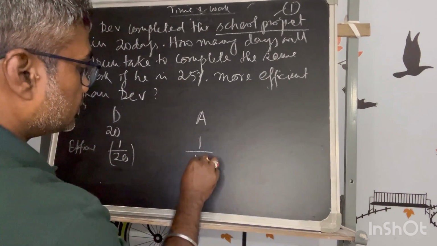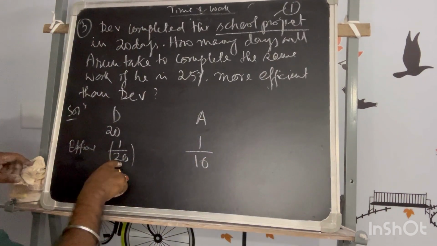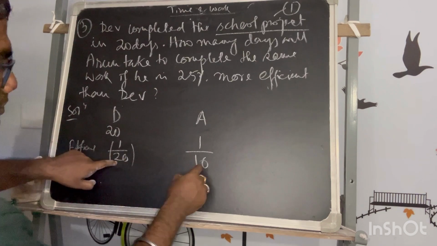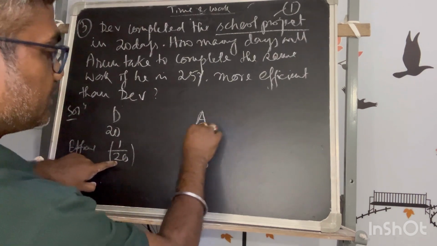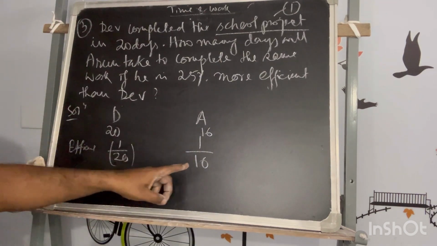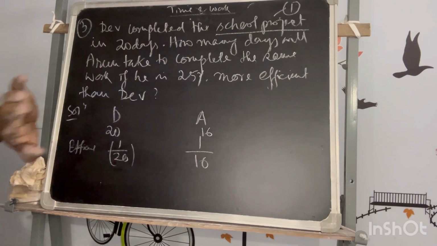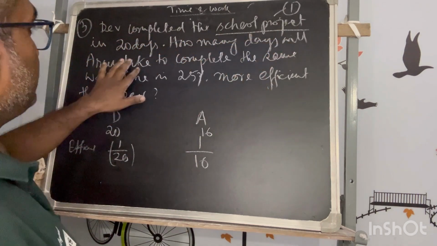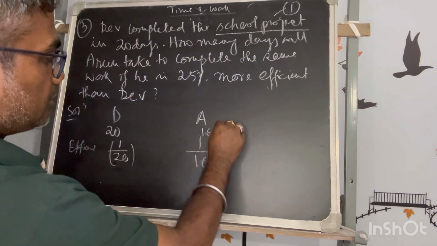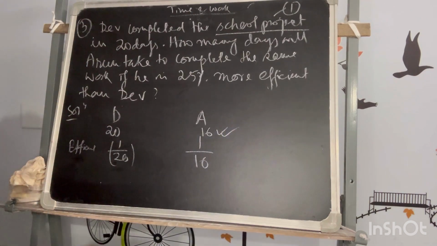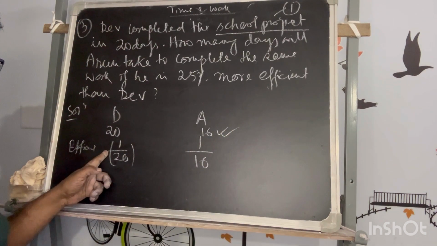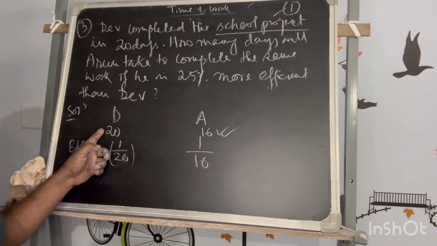Okay, fine. So you can see Dev can do it in 20 days, so that means Arun can do the same work in 16 days. You can say that from this information. So how many days will Arun take to complete the same work? Your answer is here. When you understand, the efficiency is 1 upon the number of days taken.